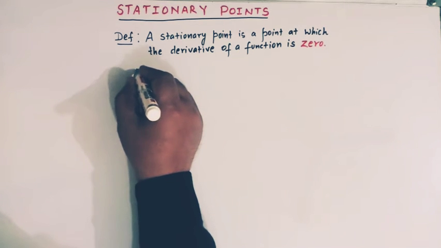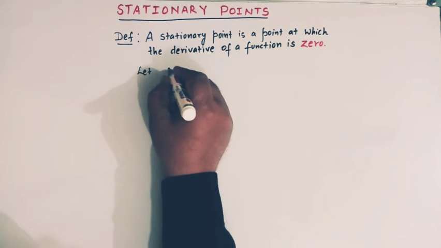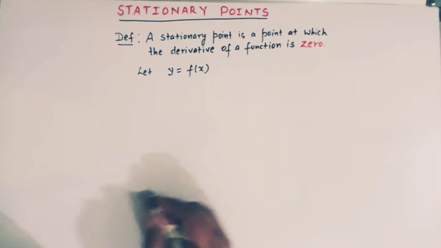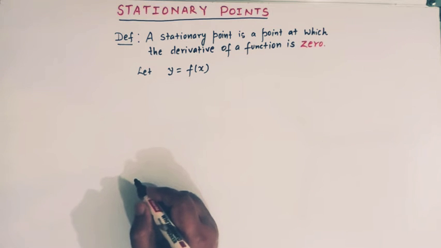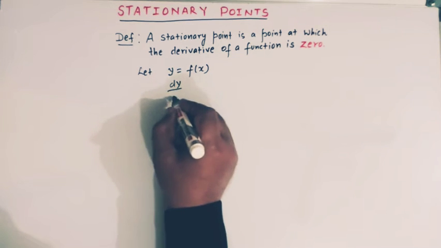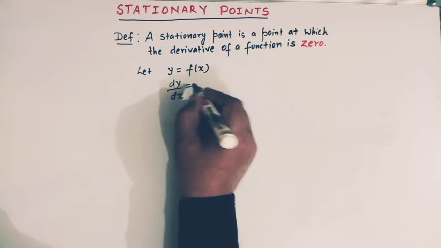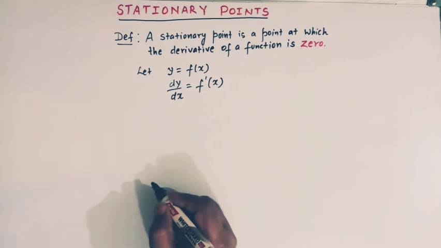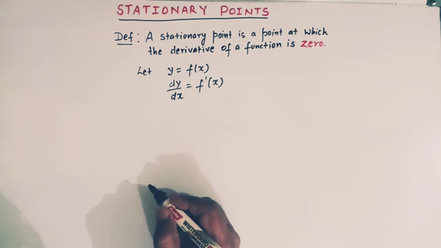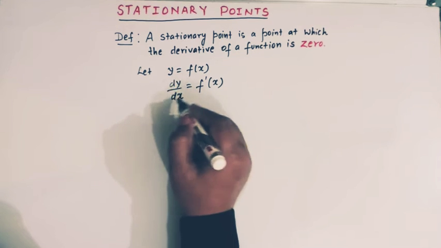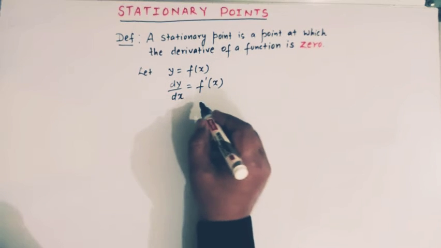So let us take a function, say y is equal to f of x, right? Now we'll find the derivative of this function, and it is given by dy over dx is equal to f prime of x, right? Now in order to find the stationary point, we should equate the derivative to 0.